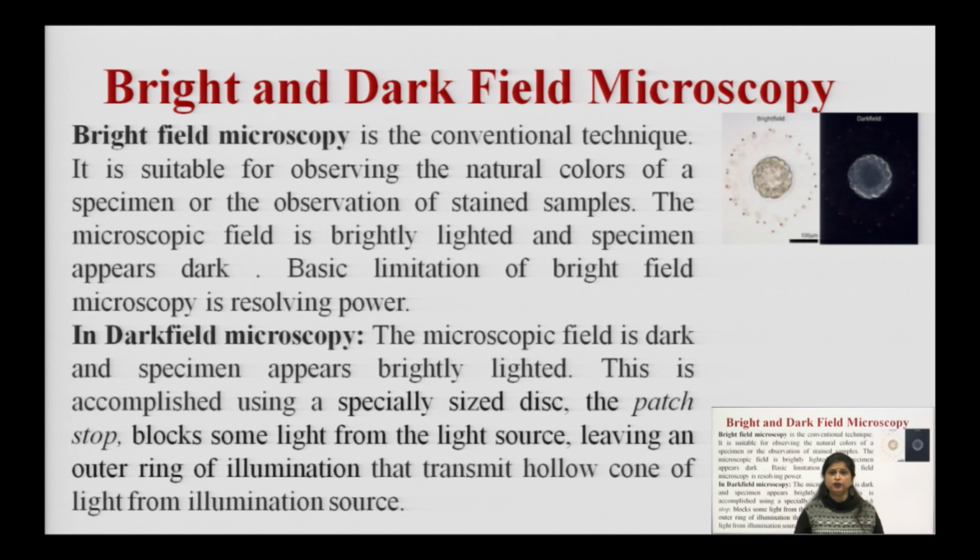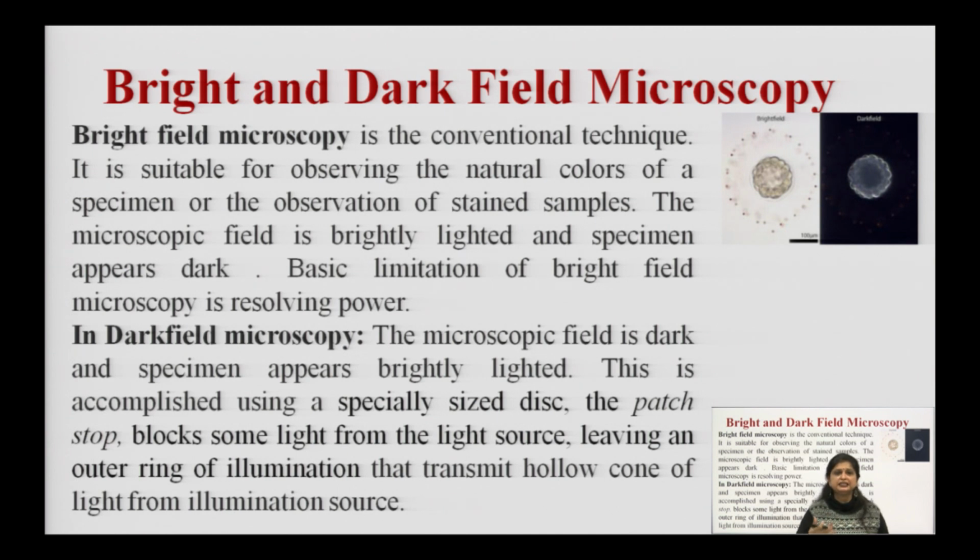Now, what do we actually mean by bright field microscopy? Bright field microscopy is the conventional technique. We have been using this technique since the 1950s, even in the 1800s we were using these simple microscopes, in which we just place a slide, and after adding the specimen on the slide, we observe it under the microscope.